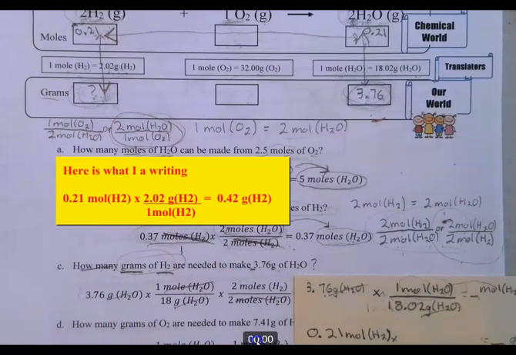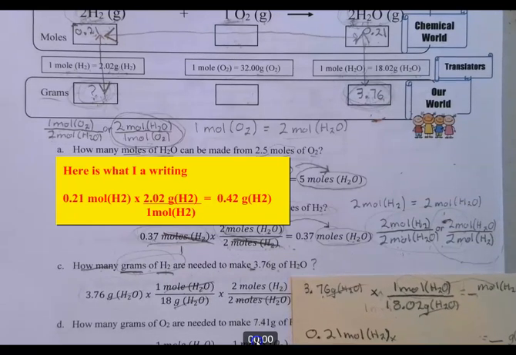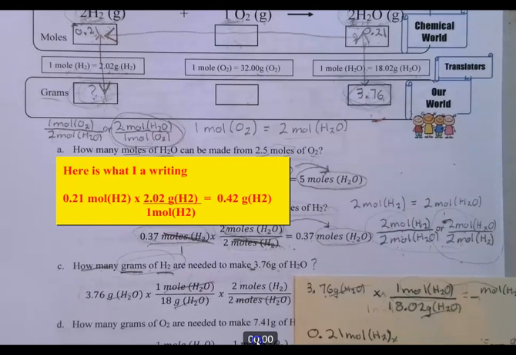I can say 2.02 grams of H2 for every 1 mole of H2. Okay? So which one of these two do I want to stick up here? And the answer is, I want moles of H2 to cancel out and grams of H2 to appear on the top of the equation. So I'm going to use this one.